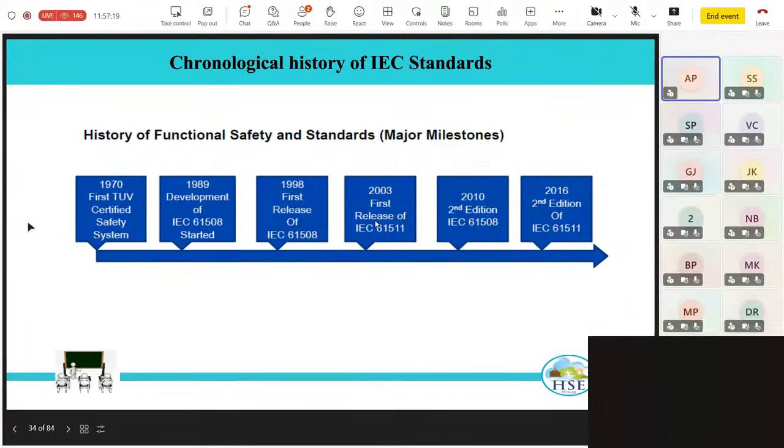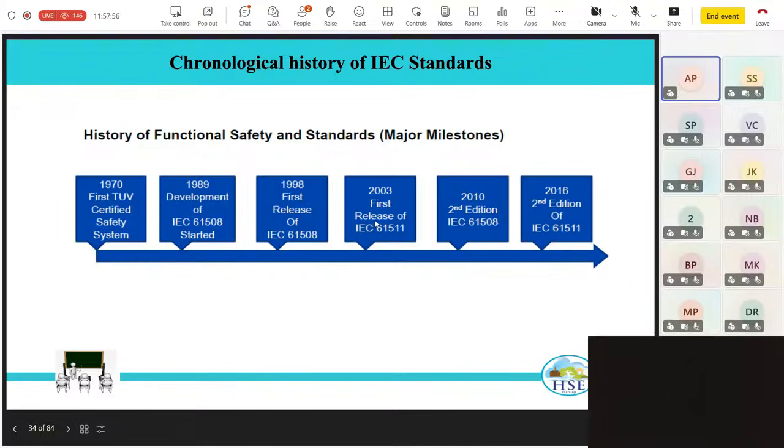This is the chronological history of IEC 61508. As I mentioned to you, Germany was way ahead in functional safety. The first TÜV certified safety system was certified in 1970, when even the IEC 61508 committee was not in action. The committee started developing the IEC 61508 standard in 1989 and came up with the first release in 1998.